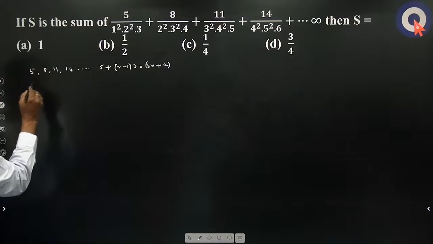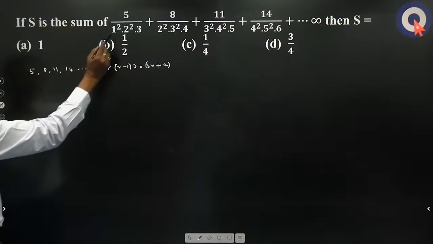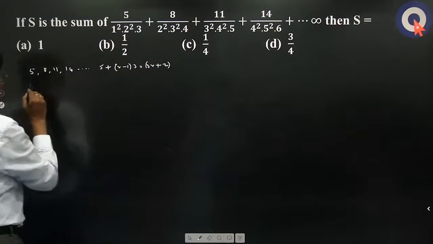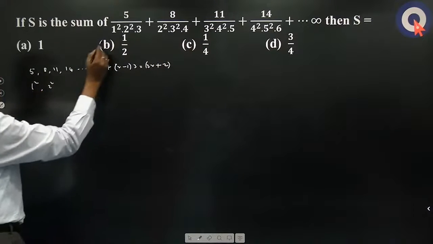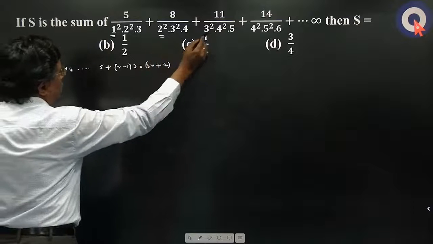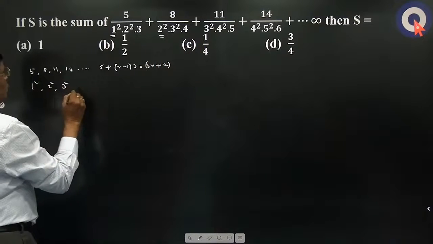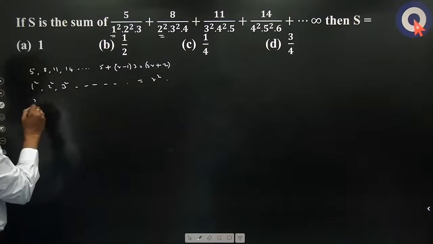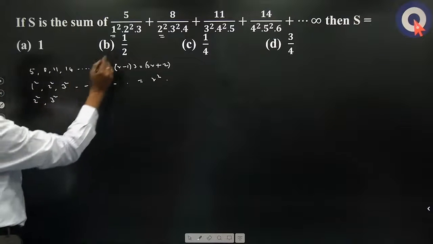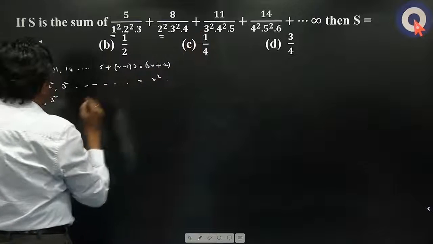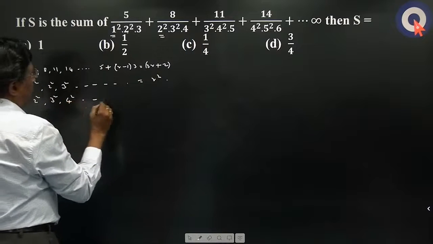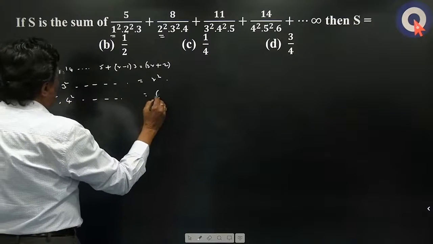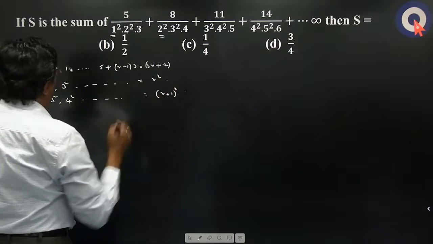Then we have, you see this 1, 2, 3. So like that 1 square, 2 square, 3 square, so you get r square. And then 2 square, 3 square, 4 square and so on. And this has to be r plus 1 whole square when it comes to the rth term.